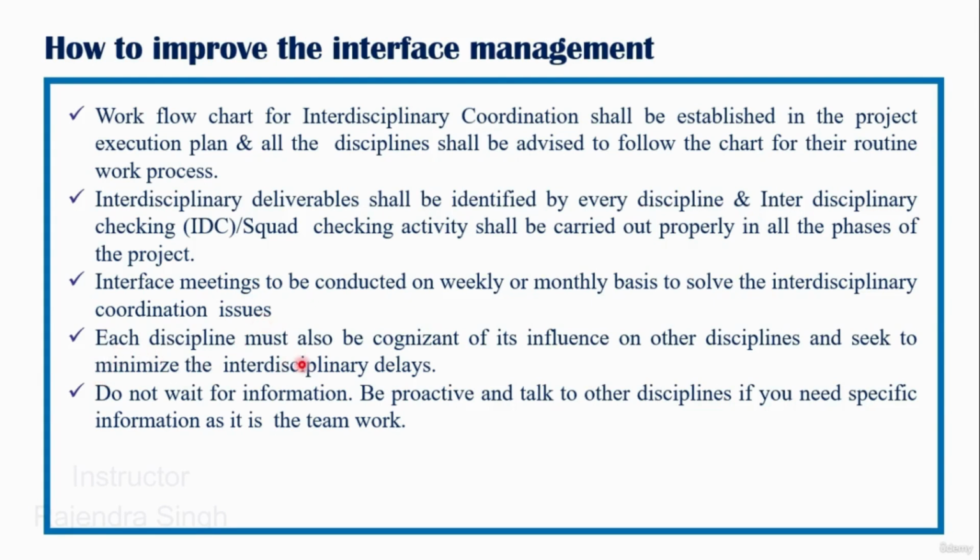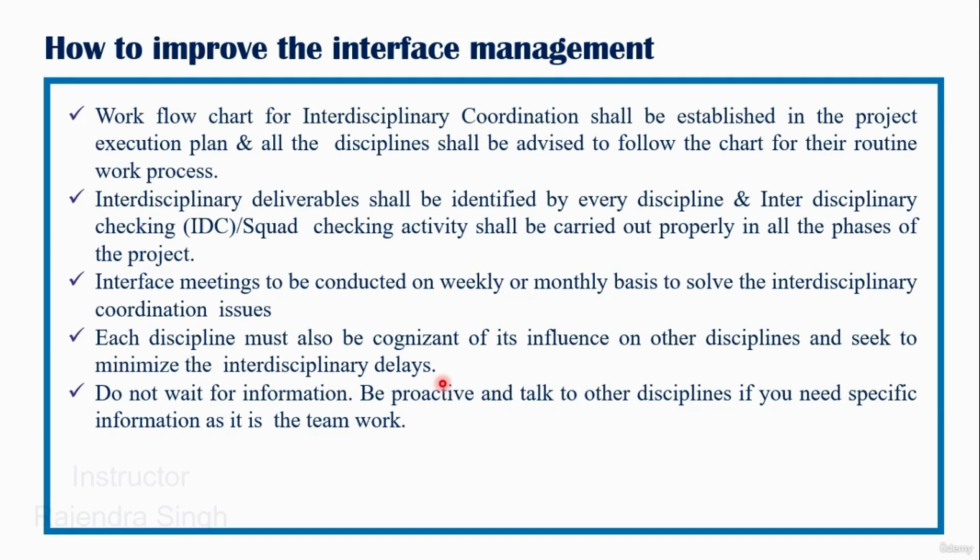Then each discipline must also be cognizant of its influence on the other disciplines and seek to minimize the interdisciplinary delays. So as rightly said, each stakeholder has to take charge that in case of any delay of input from any other department, how the engineering can be impacted has to be highlighted to the project team or the project manager.